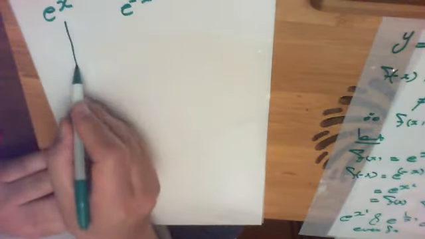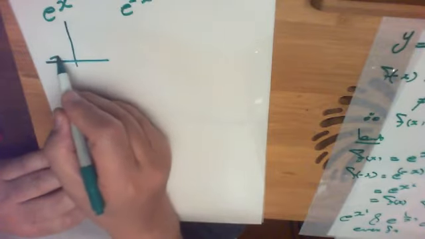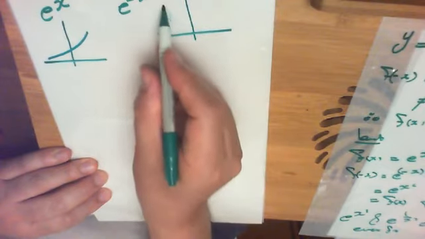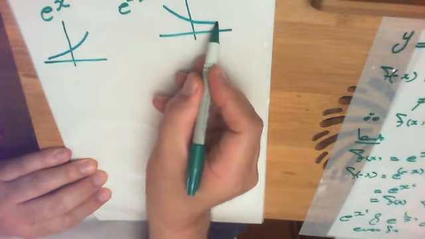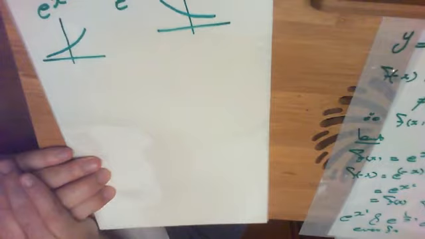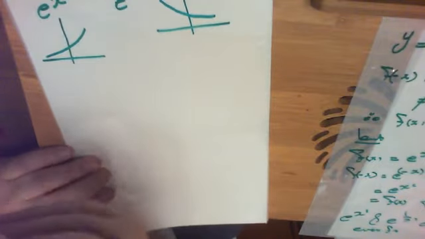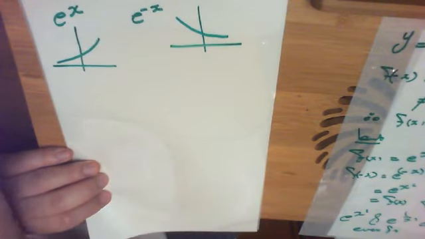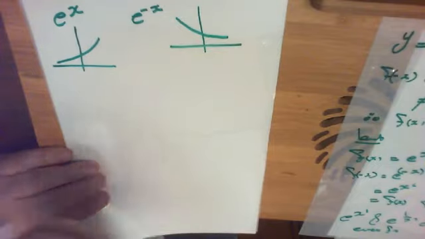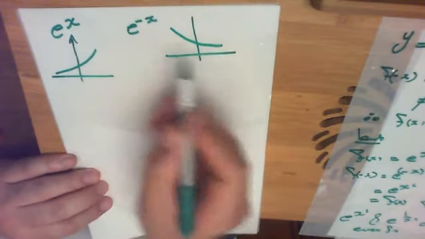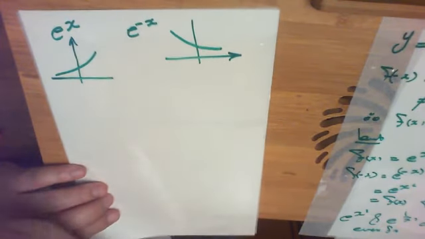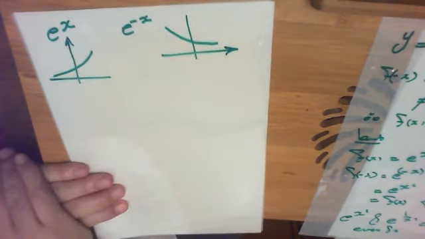E to x was like this, and this one was like this. Any odd function needs some values of the function to be negative. But both e to x and e to minus x are positive. So how can they be odd functions?